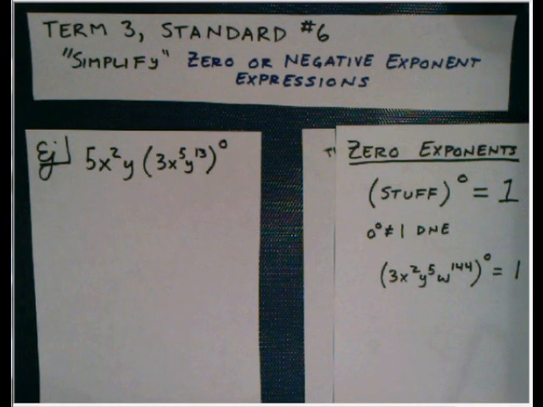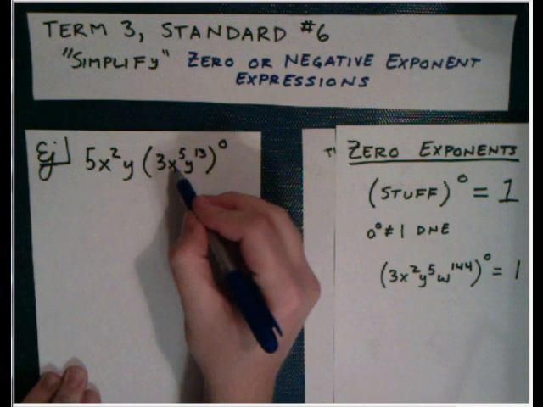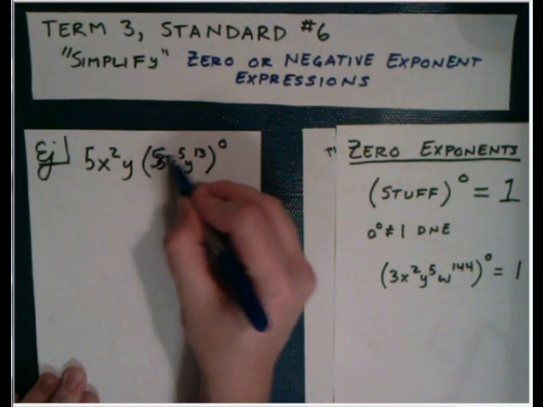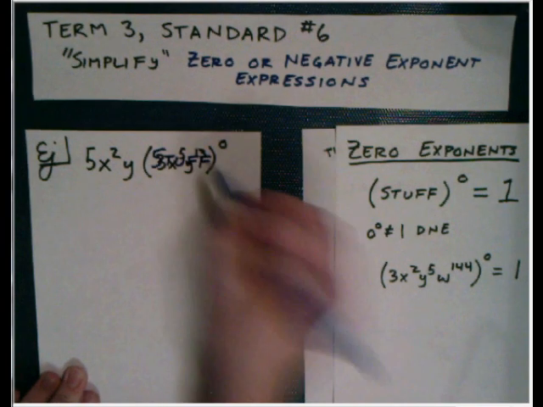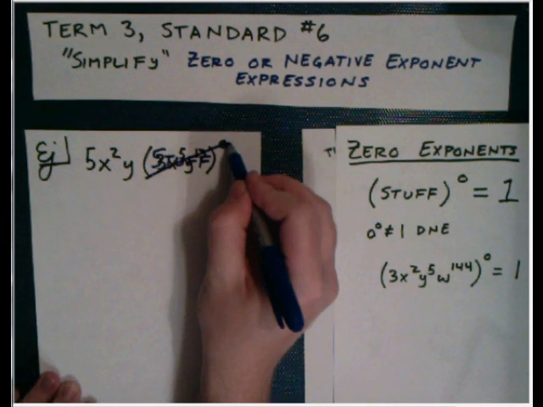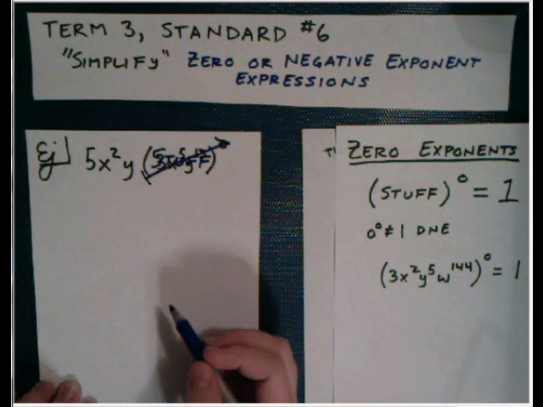We know that zero exponents just tell us that it's going to be equal to 1. So anything to the 0 power, except for 0, is equal to 1. So when I look here, this thing inside here, it's just stuff. So stuff to the 0 power, that whole thing is equal to 1.